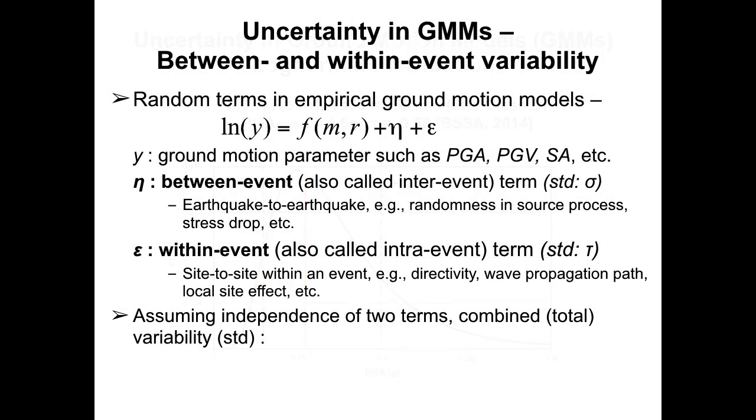The uncertainties in ground motion models have two parts, and the parts affect portfolio-wide loss differently. The typical ground motion prediction equation has some parameter like PGA or spectral acceleration that is a logarithmic quantity, a function of magnitude and distance, plus a couple of error terms. One of the error terms is called the between-event or inter-event term.